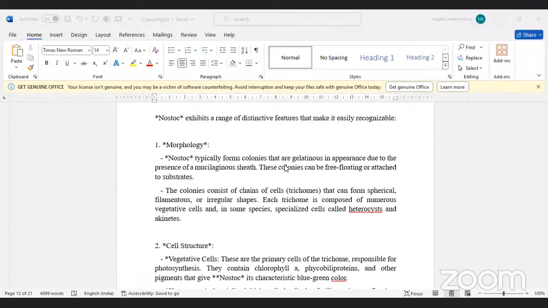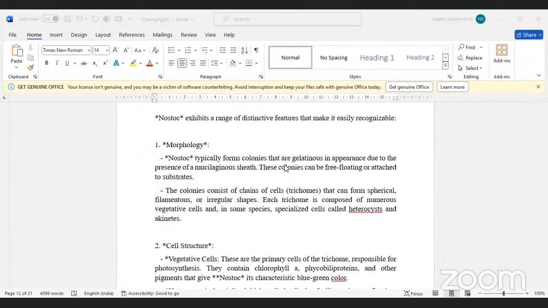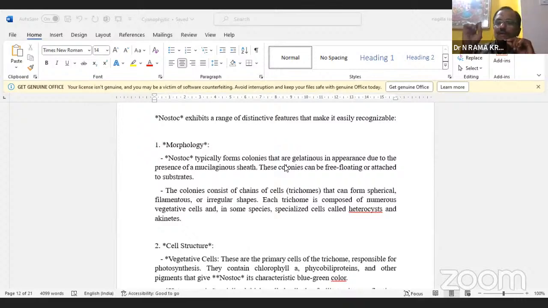Where do we see nostoc? In mucilage cavities, ball-like structures. Always we see nostoc in mucilage cavities. It typically forms colonies that are gelatinous in appearance due to the presence of the mucilaginous sheath.